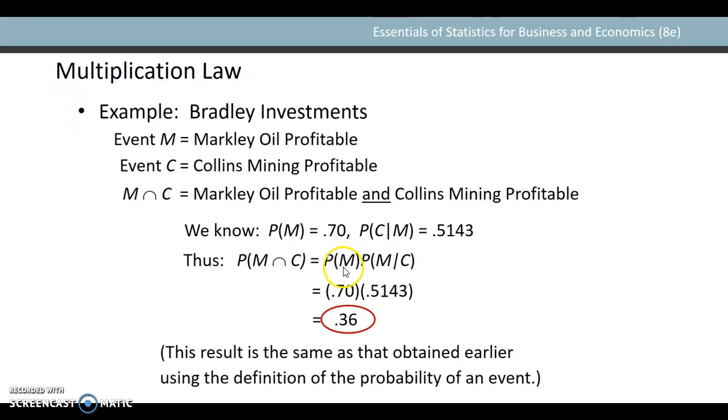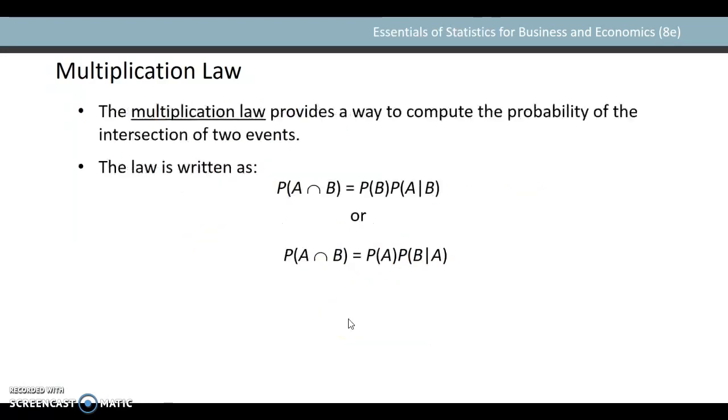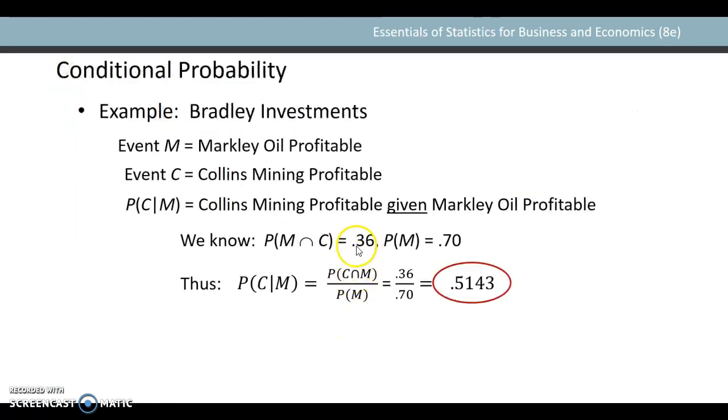We have an M here, so M has to go here. This is a typo. That is the correct form: C given M. And that was 0.5143. We knew that from the previous problem. Multiplying those two together, we get the 0.36, which is exactly what we were given in this problem.